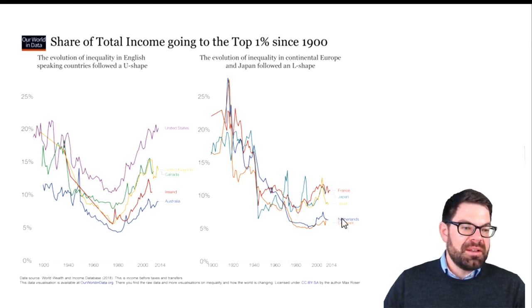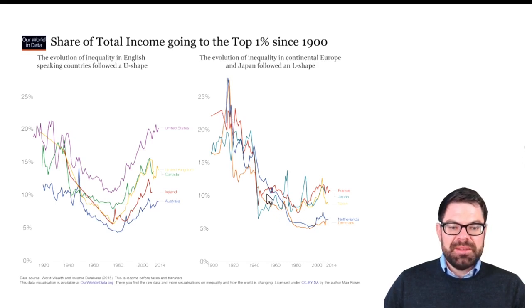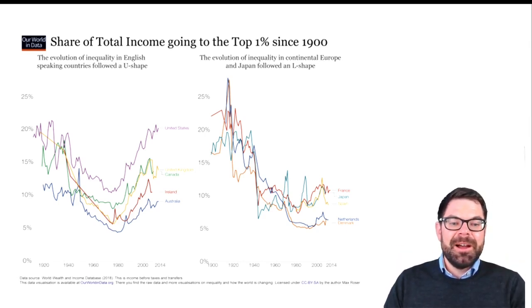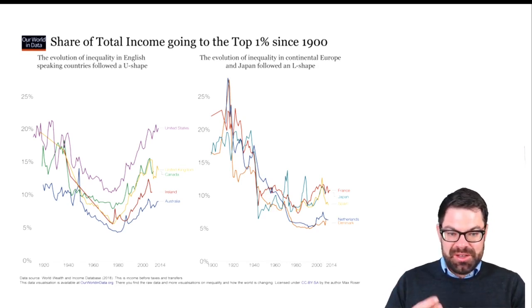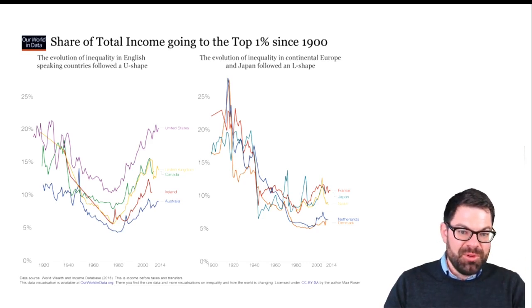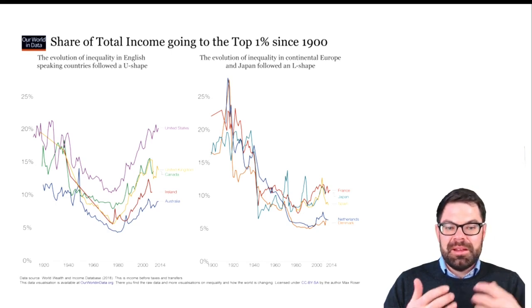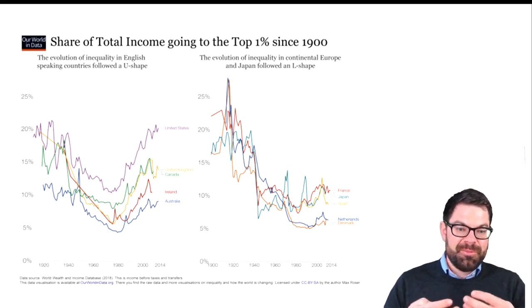So countries that are notorious for their welfare states, such as France, the Netherlands, Denmark, or also Japan, had this big decline in income concentration after World War II when, as I said, the cards were somewhat reshuffled. Some people who were previously rich lost all their wealth and also lost all their potential to have a high income in the future, whereas other people who did not have much before the war could all of a sudden benefit afterward.